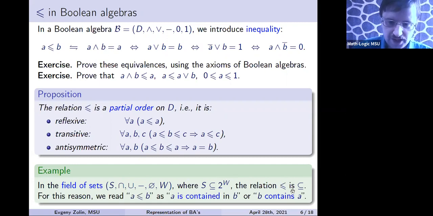And therefore, I will frequently read A less than or equal to B as follows: A is contained in B, or B contains A, like in sets. But of course, A and B may be not sets, but some arbitrary elements of Boolean algebras. But I will use this terminology for simplicity. Okay, so we have a partial order.